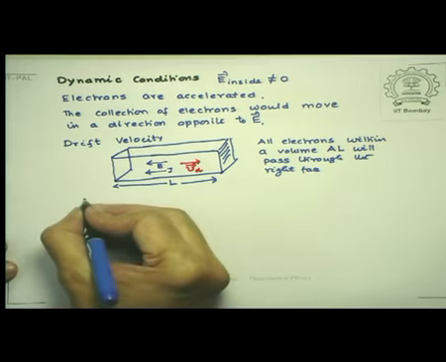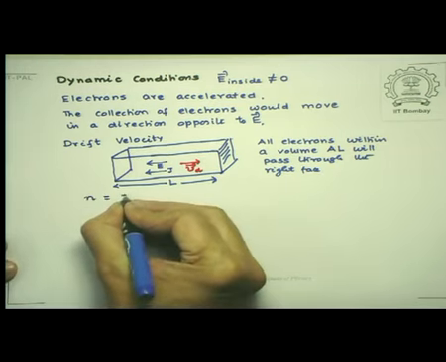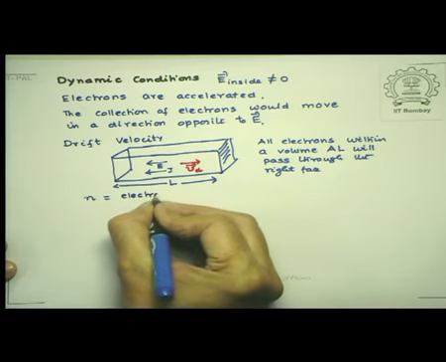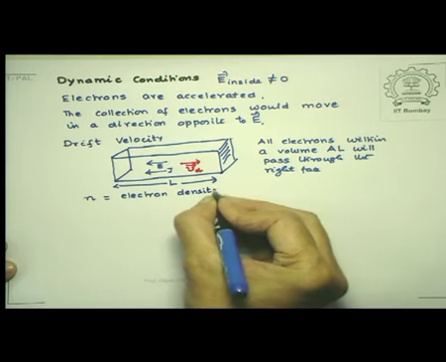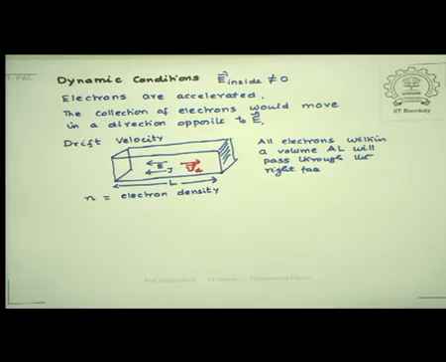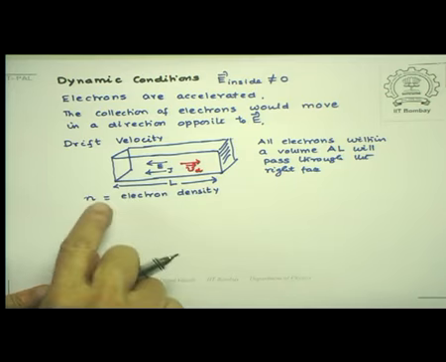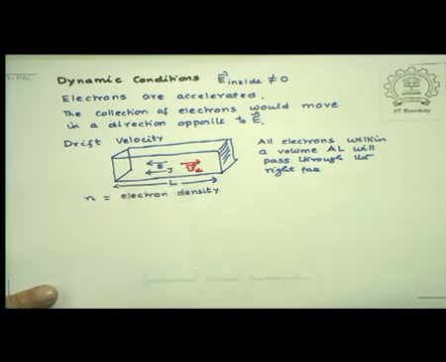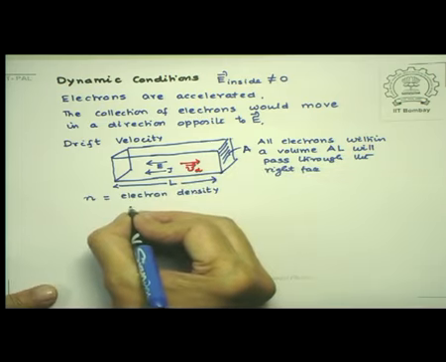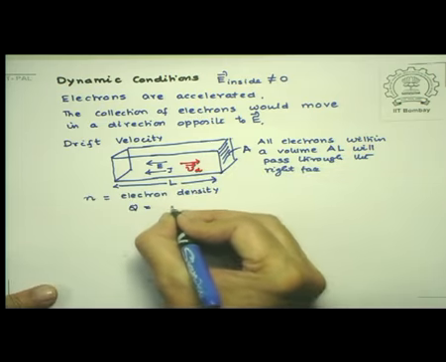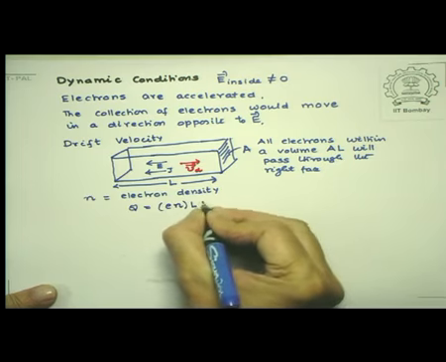Suppose n is my electron density. Then the number of electrons in that volume is obviously n into L into A. So this area is A. And the charge that is contained is e times n into L into A.